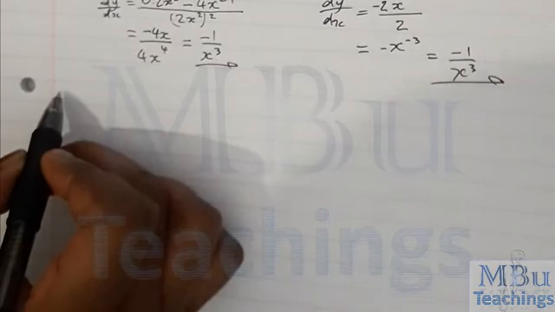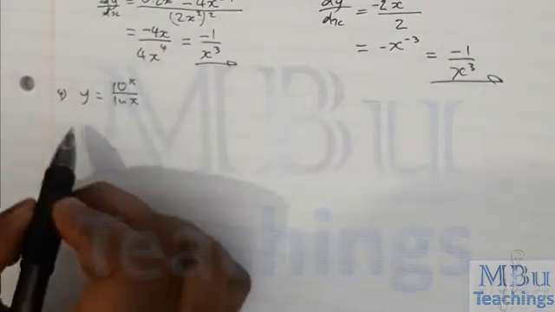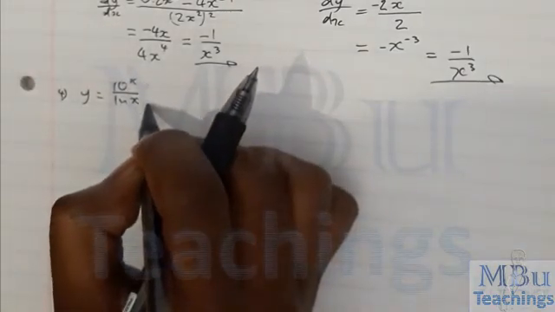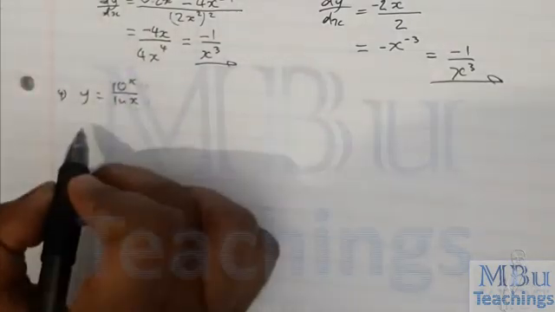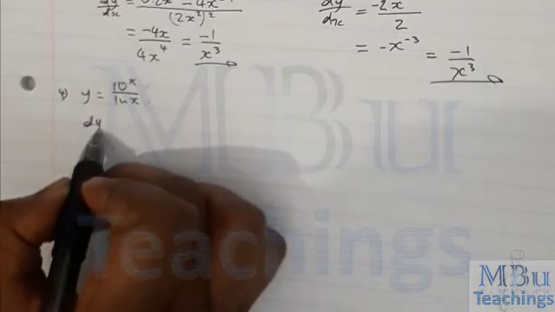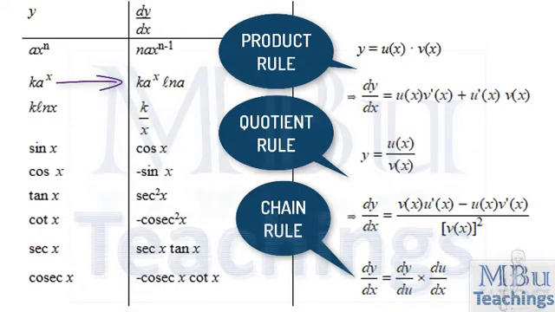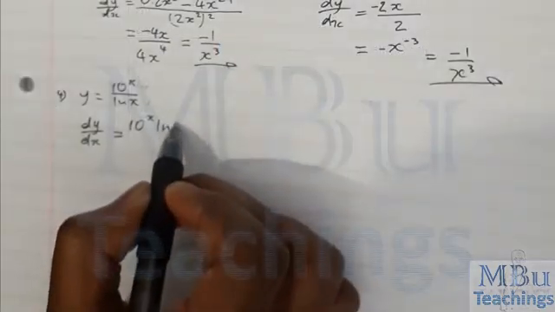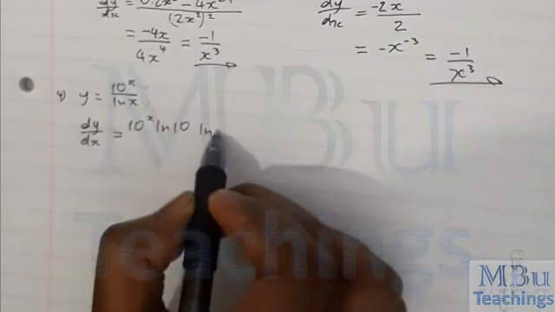Let's go to the fourth example. I really like this one. It's very interesting. So let us derive. Obviously, this will be our u and this will be our v, and there is no need for us to rewrite anything. We just go straight to our derivation. So let's derive. We will have 10 to the power x ln 10 times ln x.